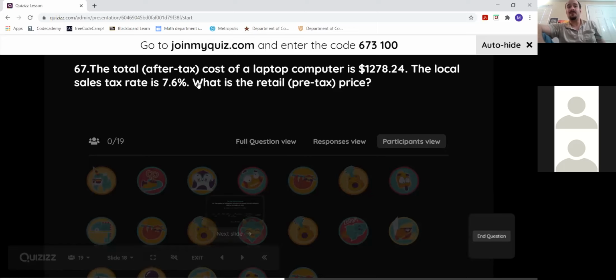And so what we're going to do is take our pre-tax price. We're going to take one of these. We're going to add 7.6% of one of these. So what this should look like is 107.6% of this thing should equal this thing.